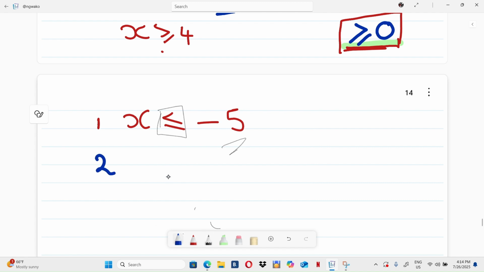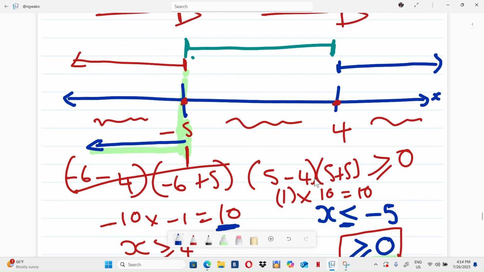Number 2, we say x is greater than or equal to 4. That's where we found out that our values are greater than or equal to 0 at this interval. You're not done, we have the third one. The third one is the interval that's in the middle.